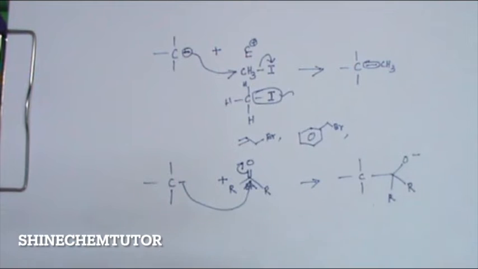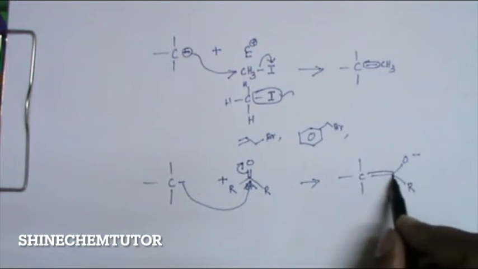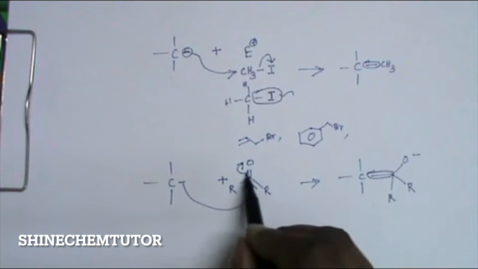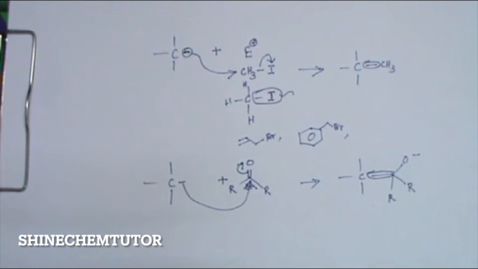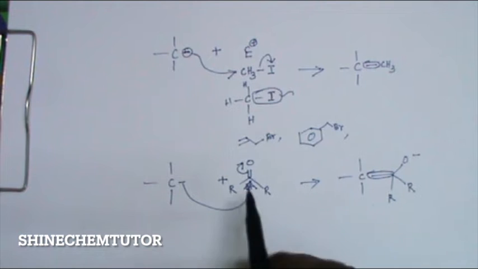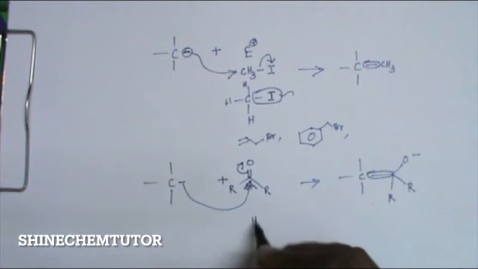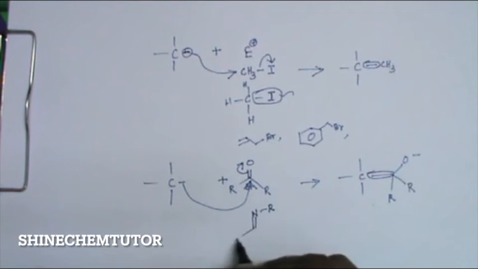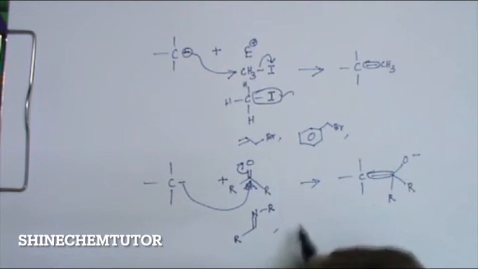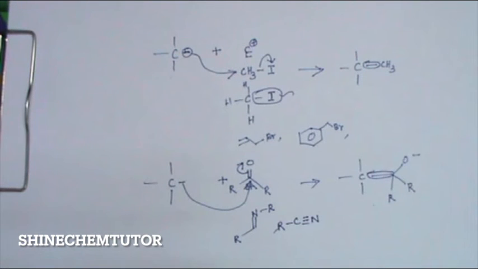So what we get is this one. The minus charge is used to make a bond here, and this bond goes over oxygen since oxygen is more electronegative. You can try with imine also, or with the triple bond N, that is nitrile.